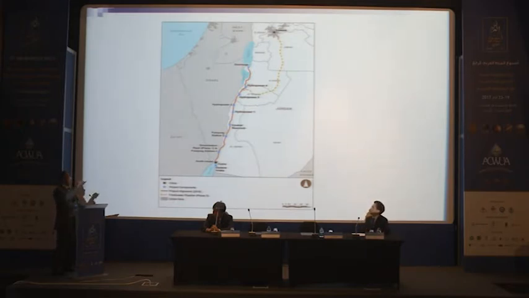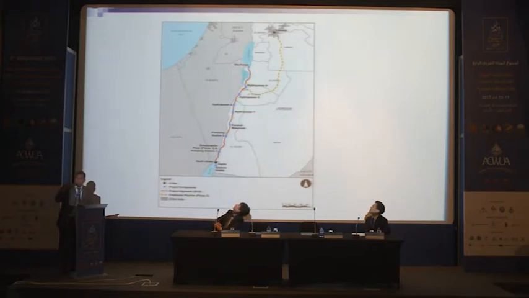Up north, we have surface water coming from the Yarmouk River. We have the King Abdullah Canal receiving water from the Yarmouk River between Syria and Jordan, and from some dams, the Western dams, and part of it comes from Lake Tiberias as well.